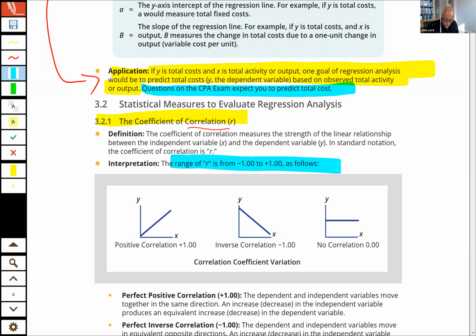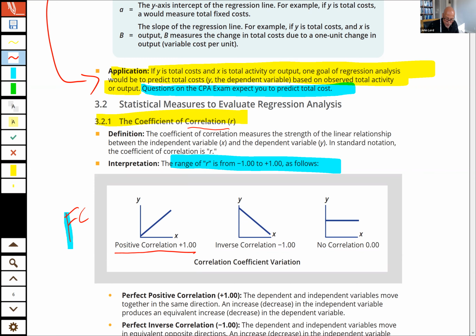You can go ahead and flashcard this little table right here. What it's telling you is that if the number is 1 or close to 1, then there's a positive correlation. As the independent variable moves, so moves the dependent variable.